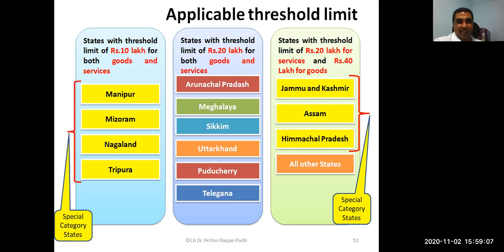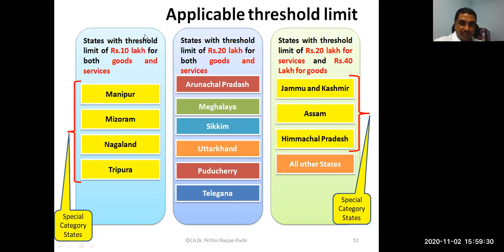Yes, you see, Andhra Pradesh's limit is different and Telangana's limit is different. So even for two neighboring states, it may sometimes happen that the threshold limits are different. Accordingly, in some states you may need to go for registration if you are located in that state, and in some states you may not be required to go for registration.